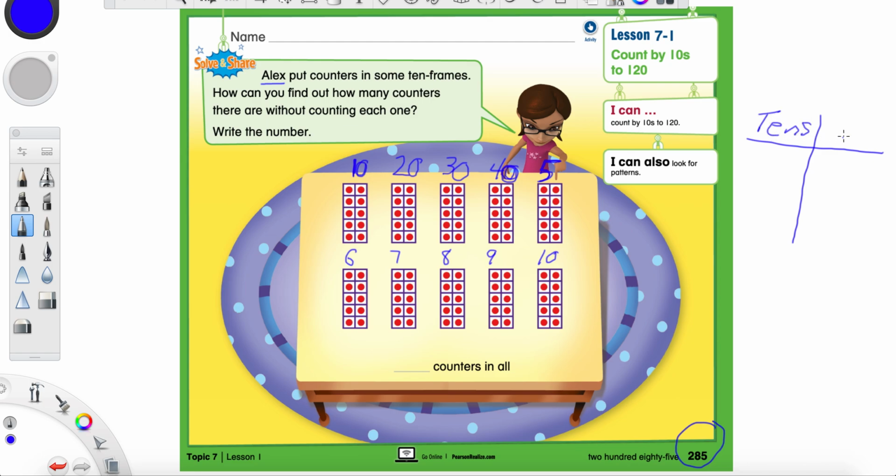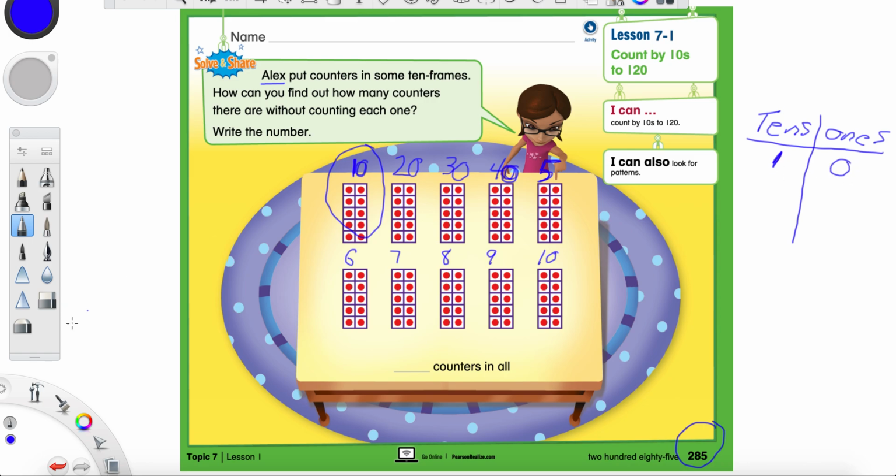We have a tens place and a ones place. If we're talking about just this one 10 frame, that means we have one set of 10, right? And we have 0 ones.